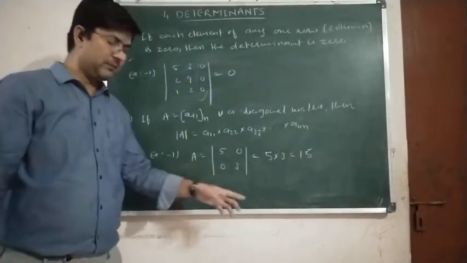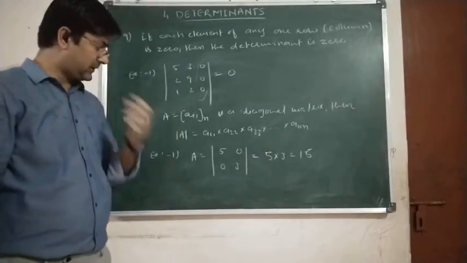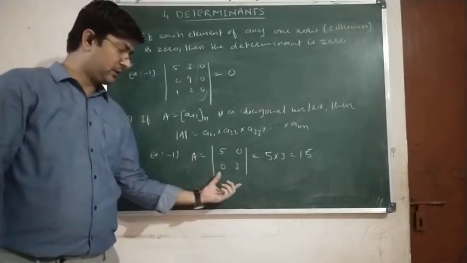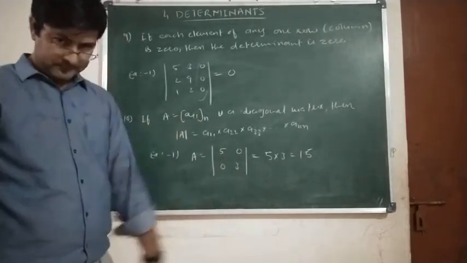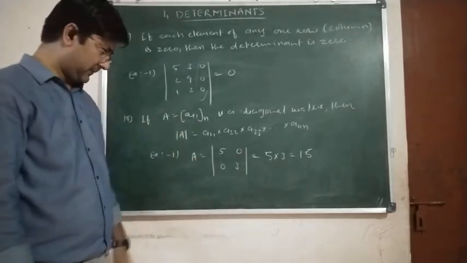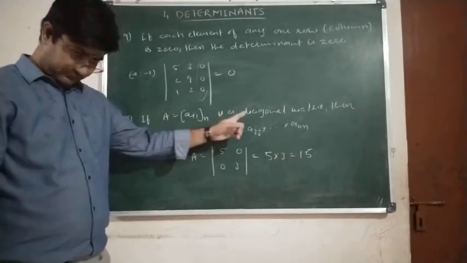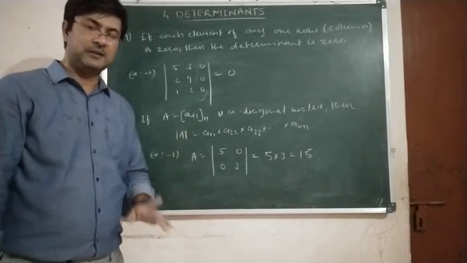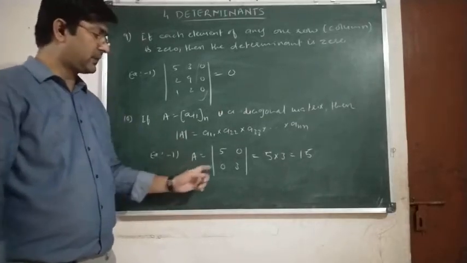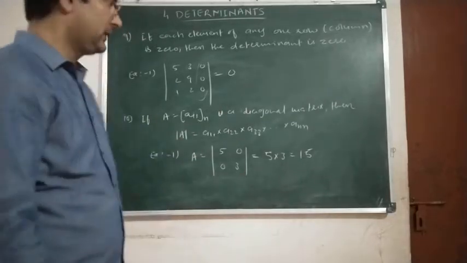We have to directly multiply the diagonal elements, whether the matrix or determinant is of order 2 or order 3. Just multiply the diagonal elements. If the given determinant or given matrix is a diagonal matrix, then the value of its determinant is the product of the diagonal elements.